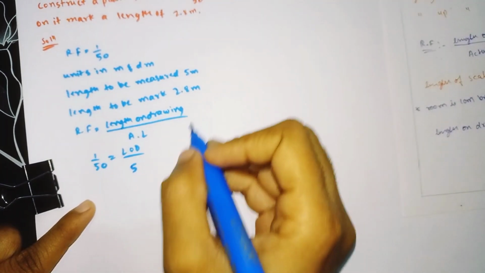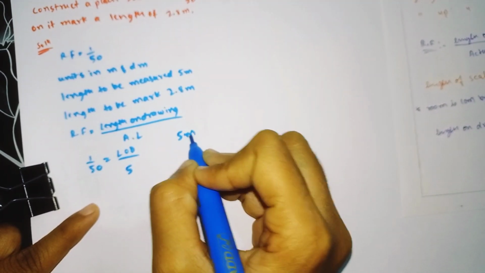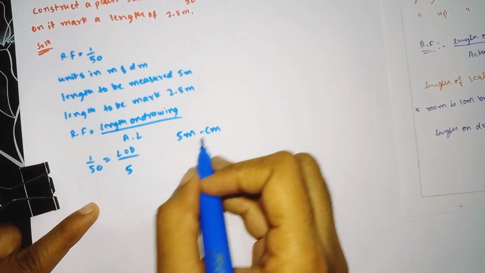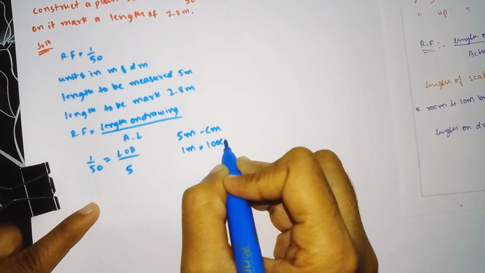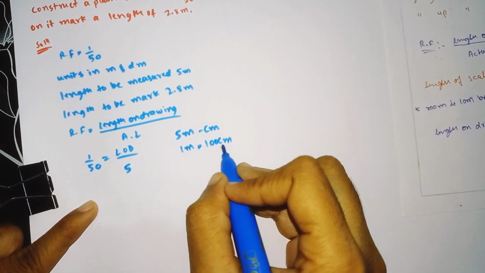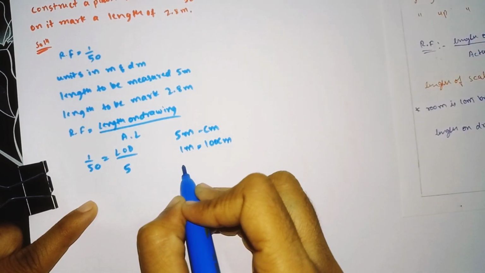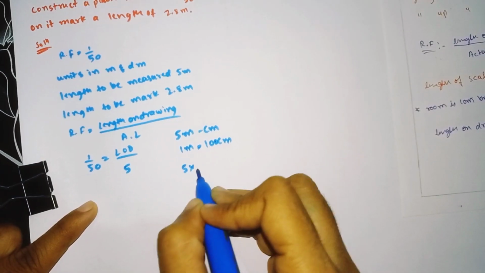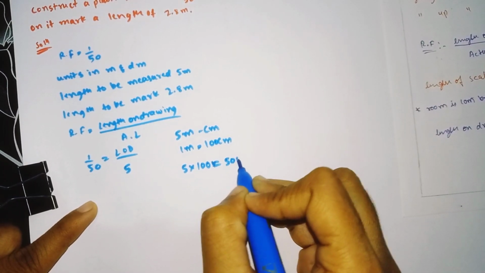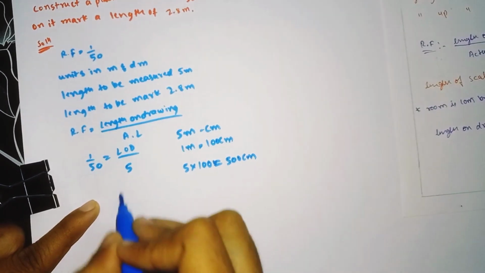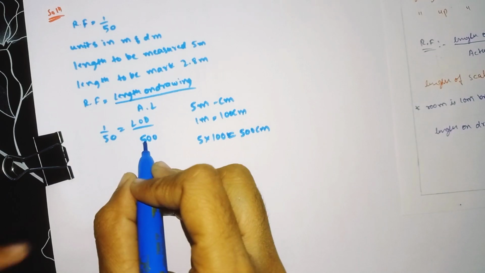Now before that we need to convert this 5 meter into centimeter. For the conversion of meter to centimeter, 1 meter is nothing but 100 centimeter, and 5 meter is nothing but how many centimeter? For that we need to multiply 5 into 100. If we do, it will come out as 500 centimeter. So now put that 500 centimeter here.